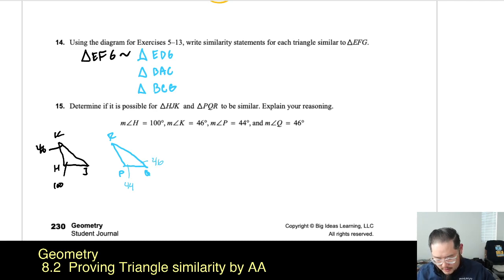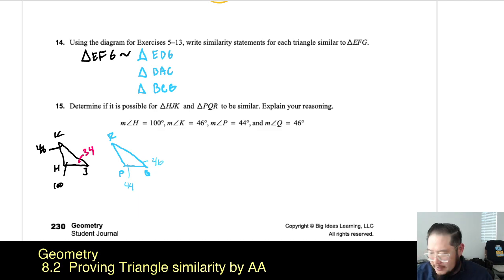We're trying to determine if these triangles are similar. I'm looking at some of these angles, and they don't seem to add up. Let's figure out what angle J is. Angle J happens to be 34. Angle R ends up being 90.